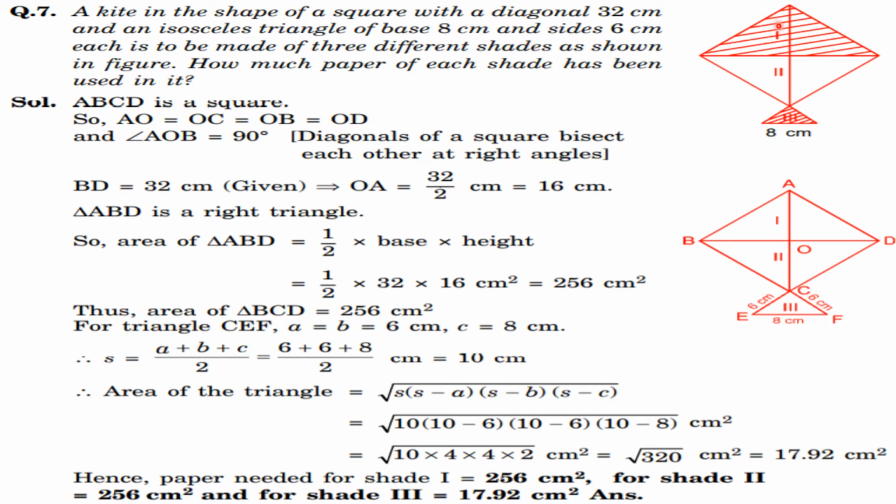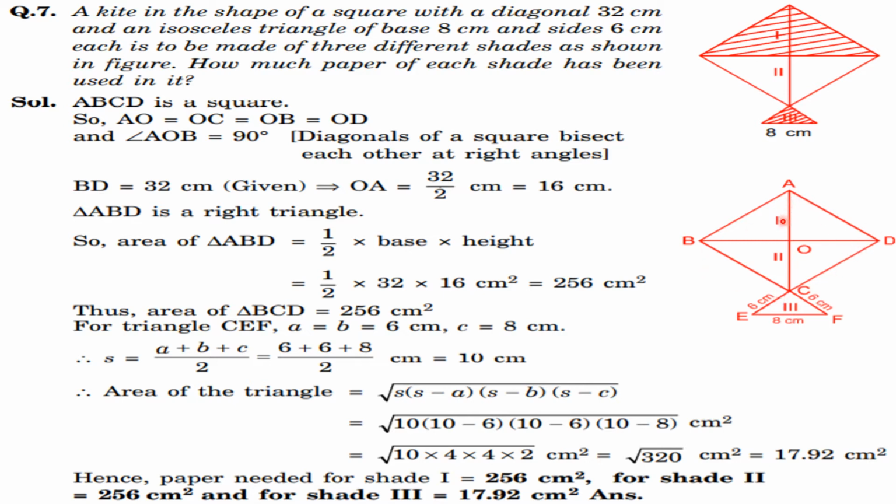So this is one color, this is one color, and this is another color. Three colors. The kite is made up of three different colored papers. Okay, my children. So we have to find the area of this triangle, the area of this triangle, and the area of this third triangle. Understood, my children? So for our convenience, we are assuming that ABCD is a square.